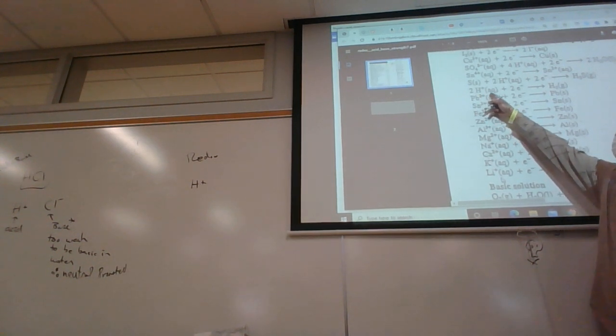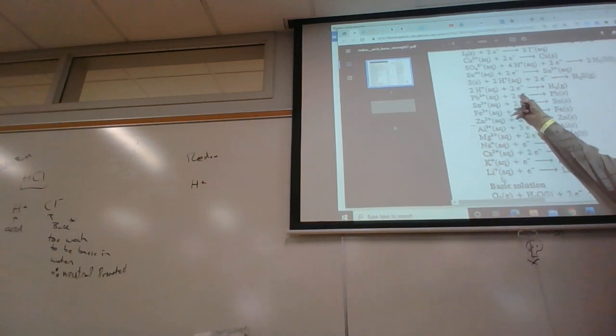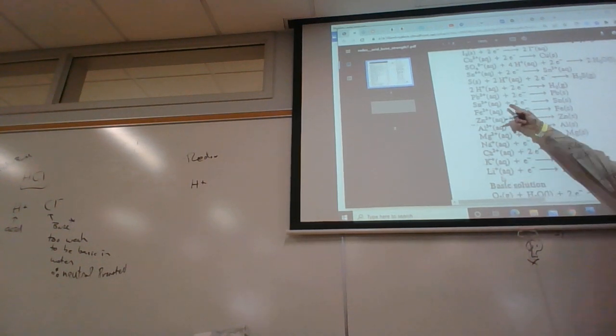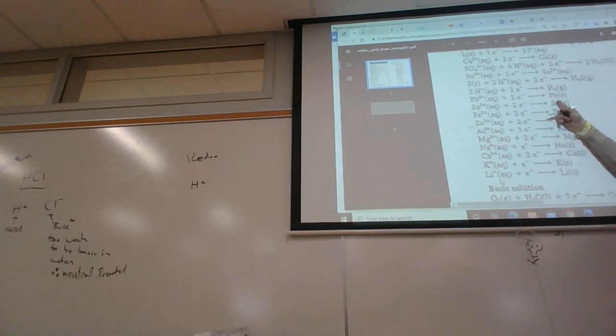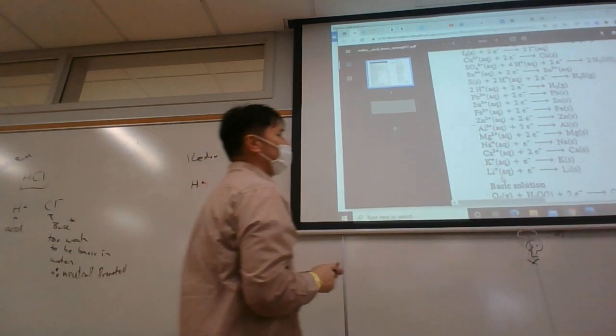If H plus gets in a tug of war with H2, so H versus H for electrons, which one's going to win? It's a tie. So what we need is H plus and a reducing agent stronger than H2, which would be lead. And that would be the first one. But we don't know because this chart is not comprehensive.